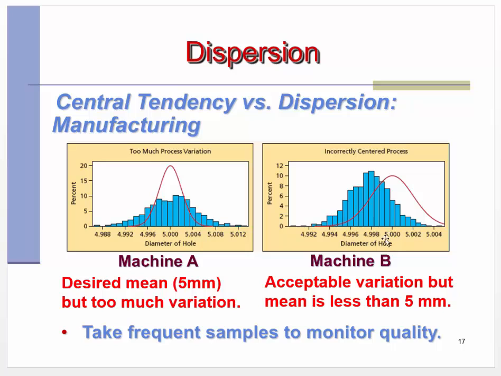This seems to indicate that machine B is a newer machine but needs to be calibrated. If you calibrate it, the mean will move over to 5.0, and that will be a better performing machine.